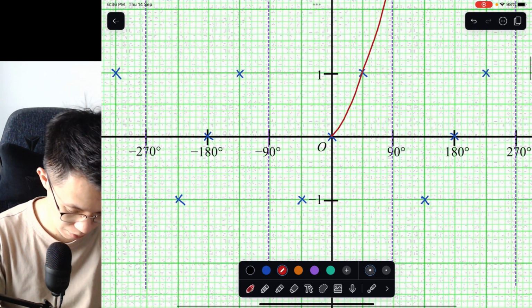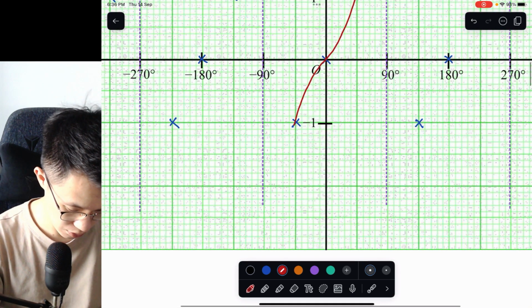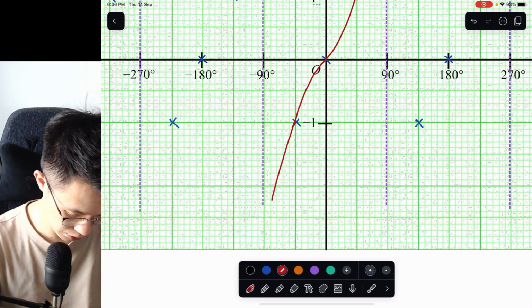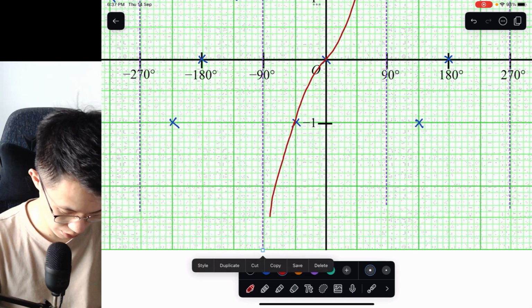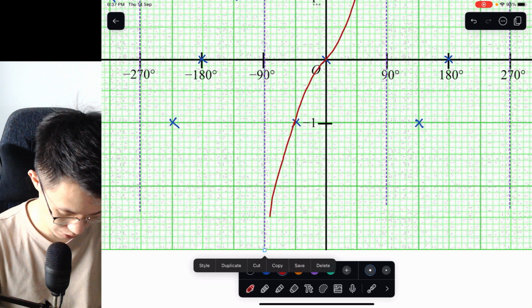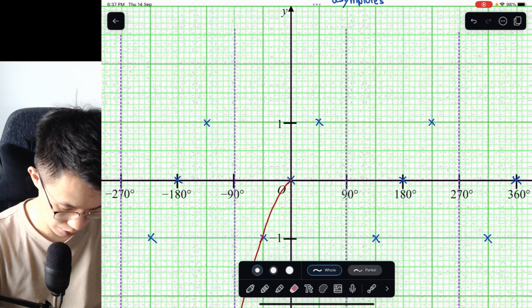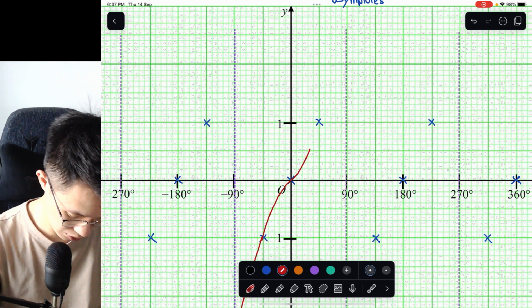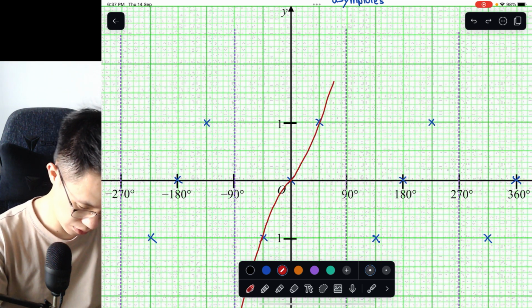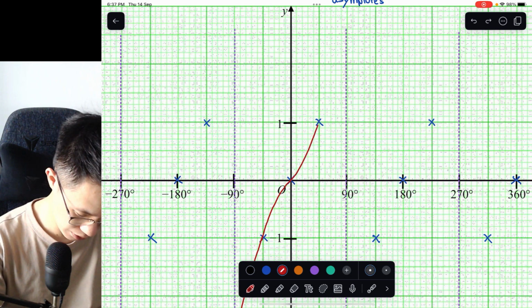We'll do the same for here, but you realize that as you go past 90 degrees, there's a change in the way it's drawn. So you will come down something like that. Maybe I need to just make this a bit longer so you can see how it looks. So it goes down like that. I think I didn't draw it very well, so I'm going to redraw this part because it's a bit too wobbly.